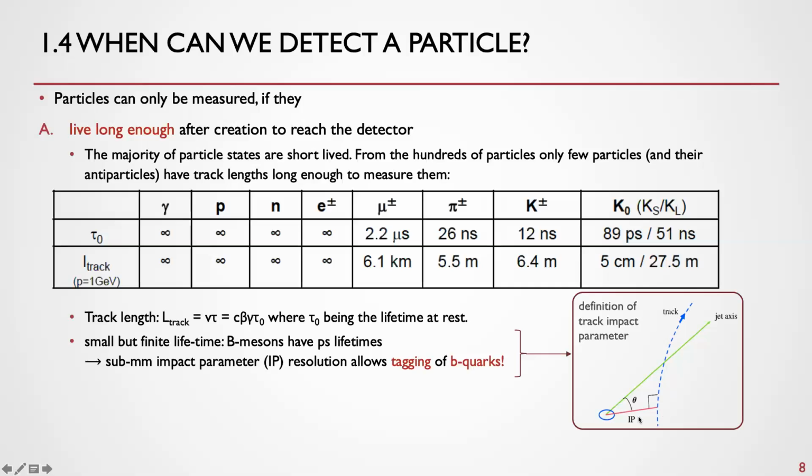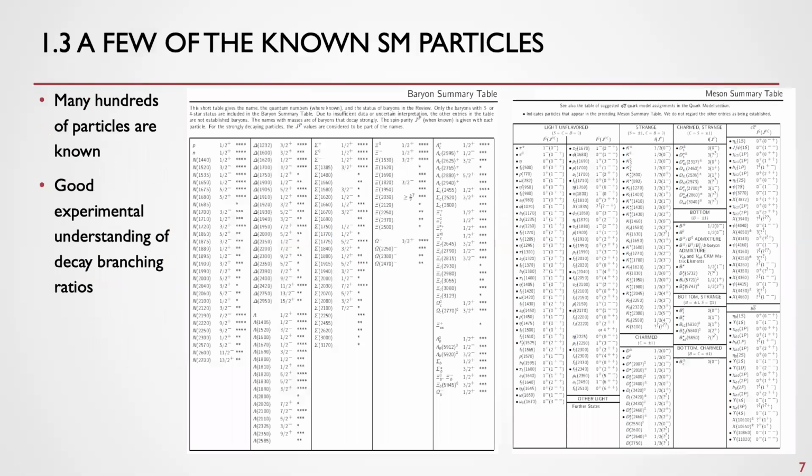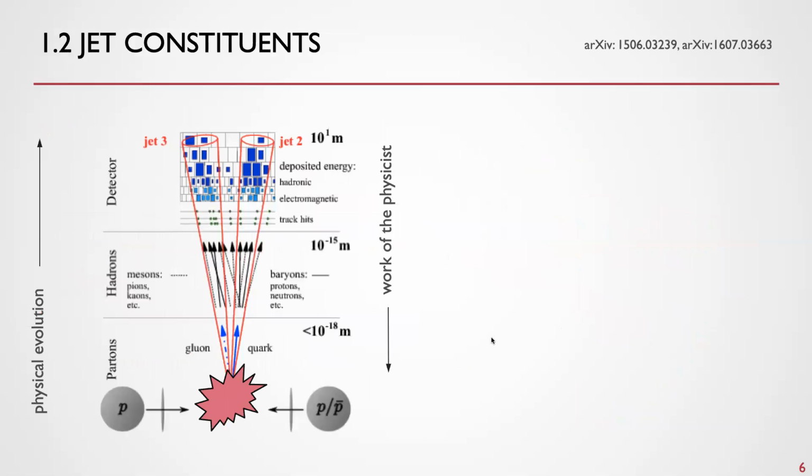Picoseconds mean hundreds of microns of displacement. And therefore, one of the few things we can tell about jets, the jet is this complicated bundle, but one of the few things we can say with 70% efficiency is whether this jet was a B jet.